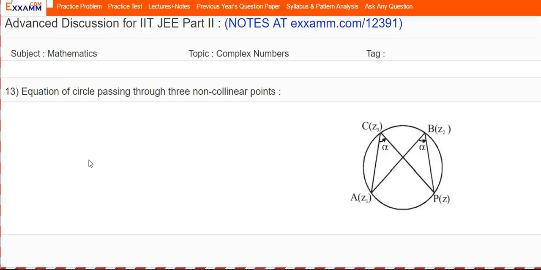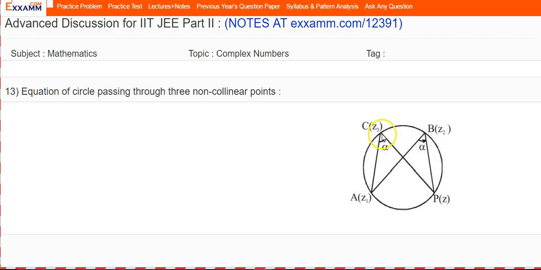Now let us consider another very important topic for the purpose of JEE. It is the equation of a circle in the complex plane which is passing through three non-collinear points whose coordinates are given as z1, z2, z3. Now we know that we can always draw a circle from these three points.